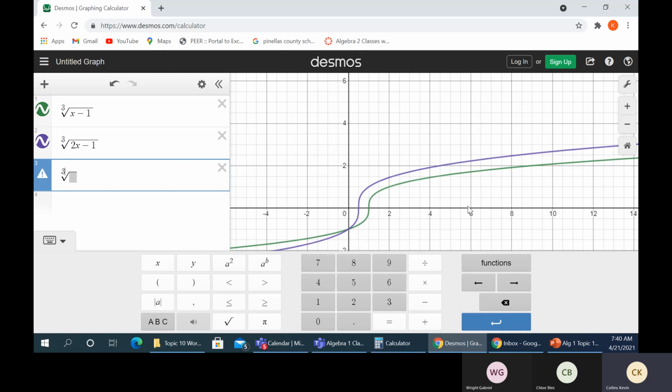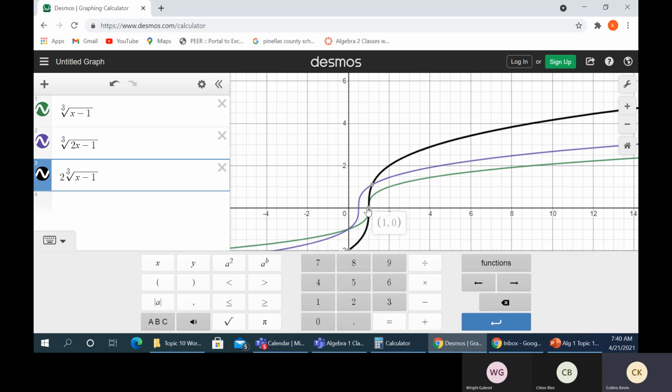So that would be cube root of x minus 1. Okay, and then if you put a 2 out front, that's a true stretch.